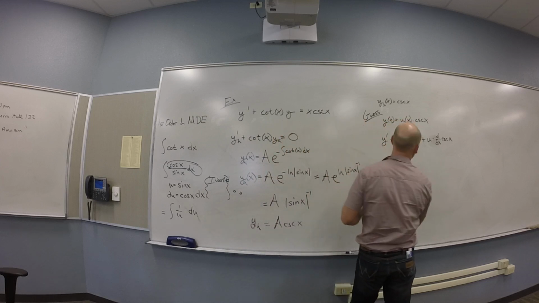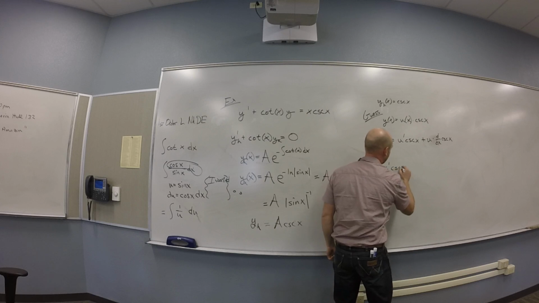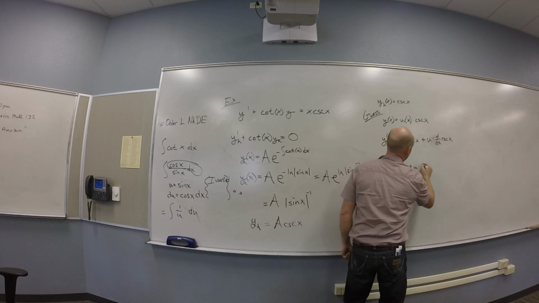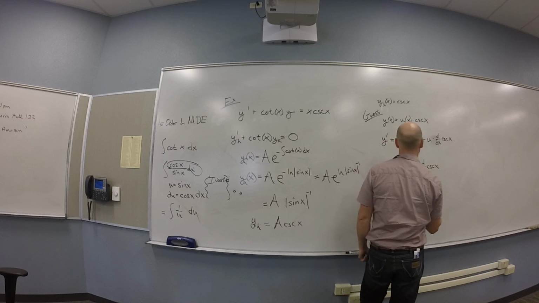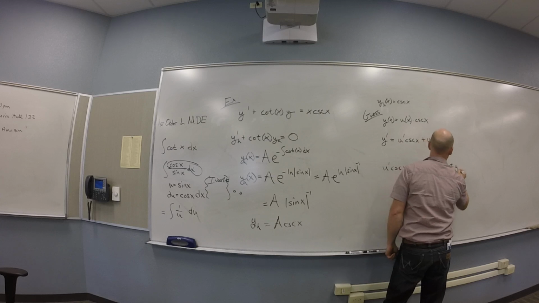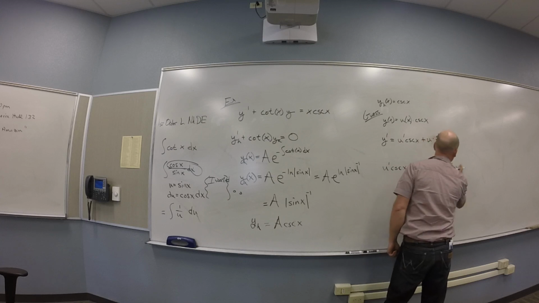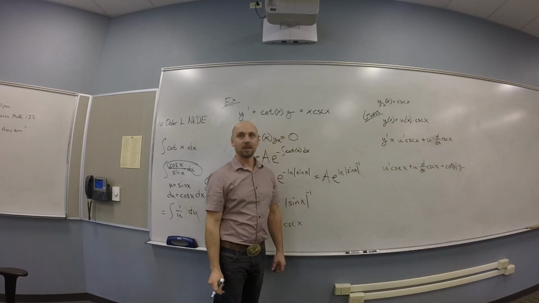But when I do this plug-in, I'm going to get u prime cosecant x plus u times the derivative with respect to x of cosecant x plus cotangent x times y. And then what?